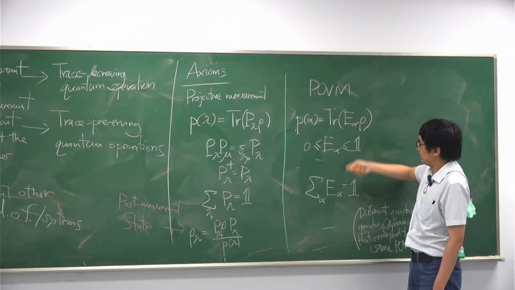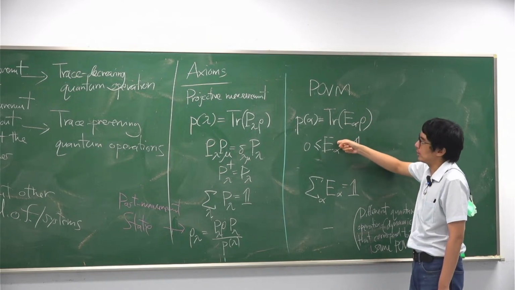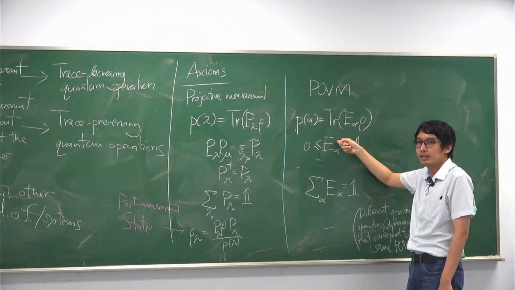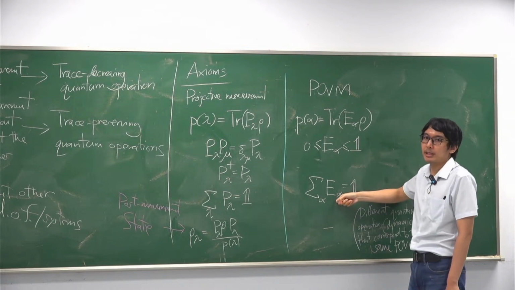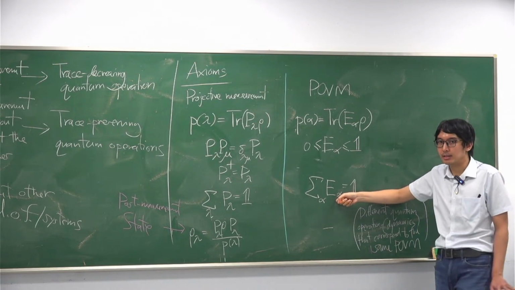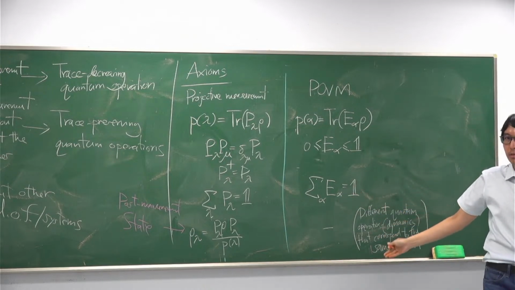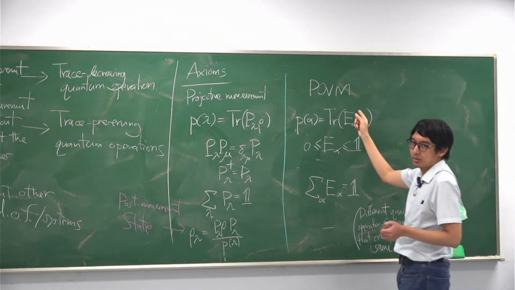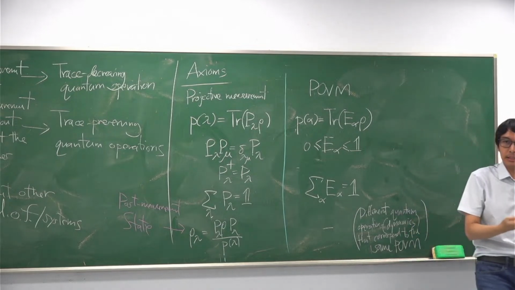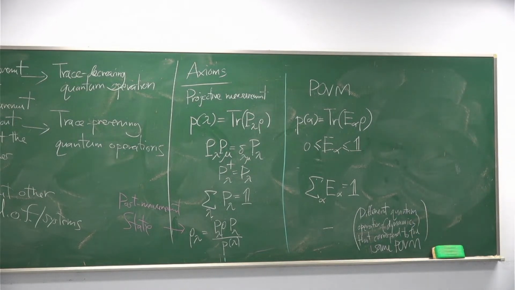And then these two conditions just mean the positivity of probabilities, and the normalization of probability. So this is the most general way to use the Born rule to output probabilities or measurement statistics.